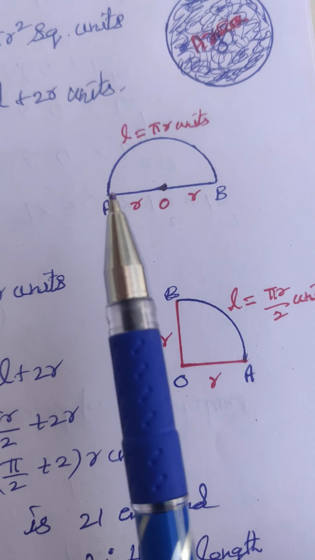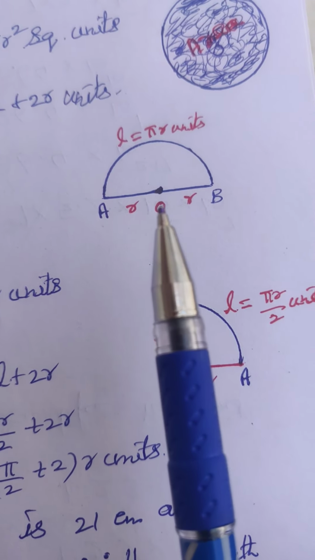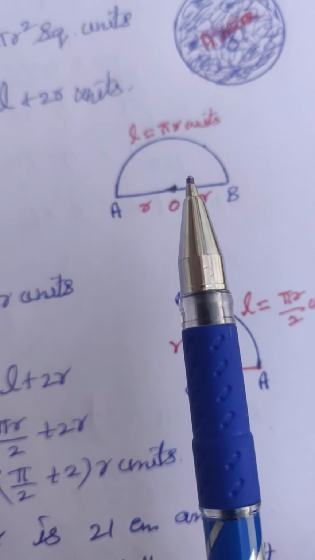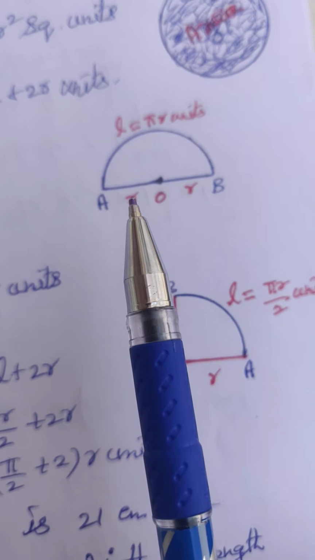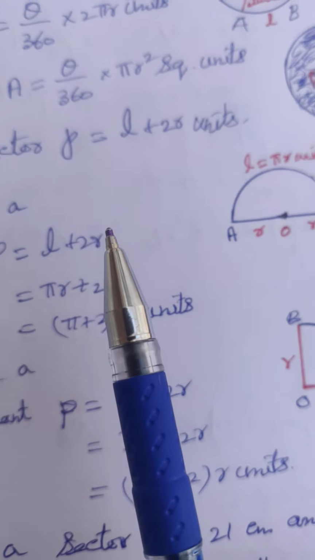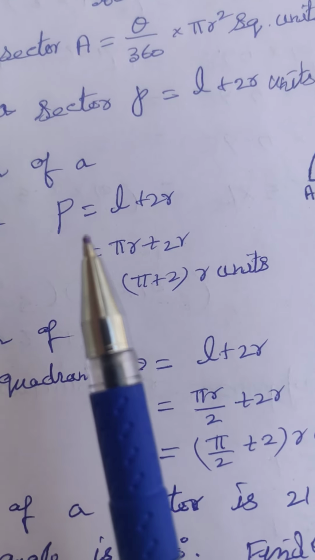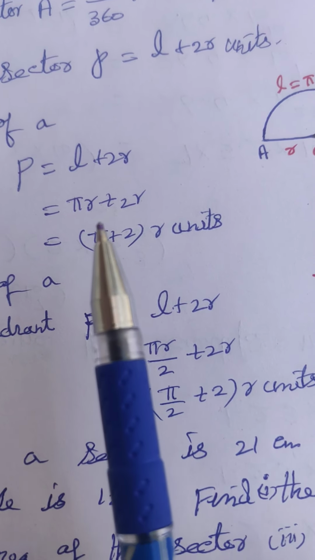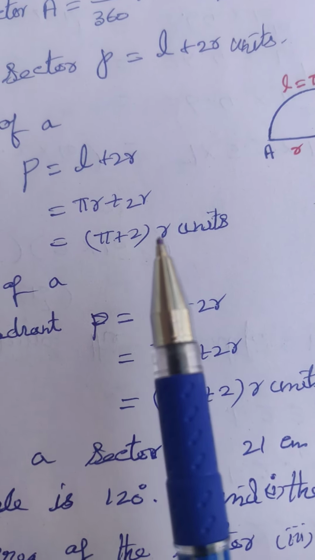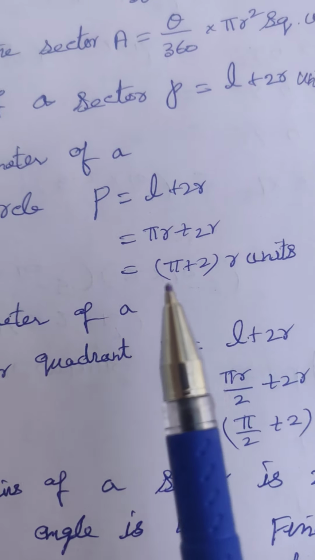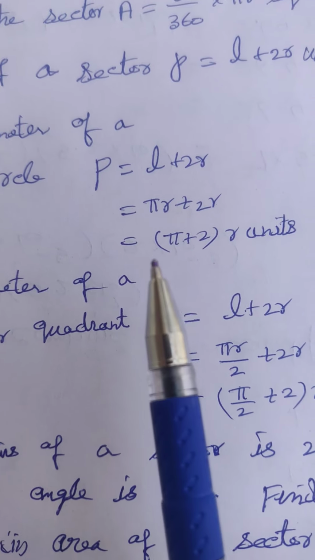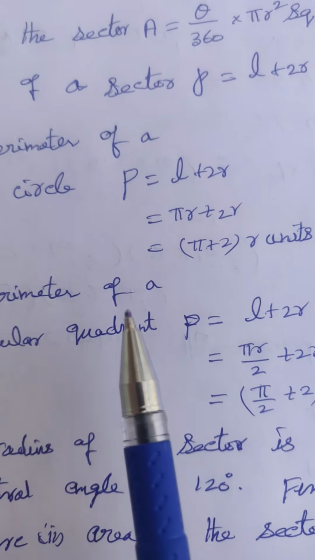Here OA is radius R and OB is another radius R. The semicircle has two radii, this R and this R. P equal to L plus 2R, L is pi r plus 2R, here R is common, pi plus 2 into R units. So perimeter of a semicircle P equal to pi plus 2 R units.